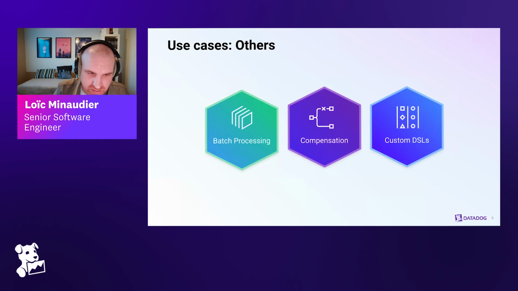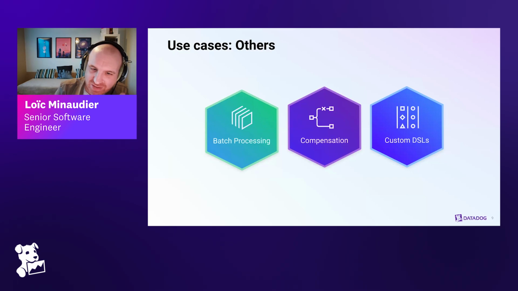A saga is essentially a workflow with compensating actions that are clearly defined and that trigger in the face of a failure and roll back any in-flight change. And the nice benefit of Temporal workflows is that you are guaranteed that if you manage to start them, they will run to completion.